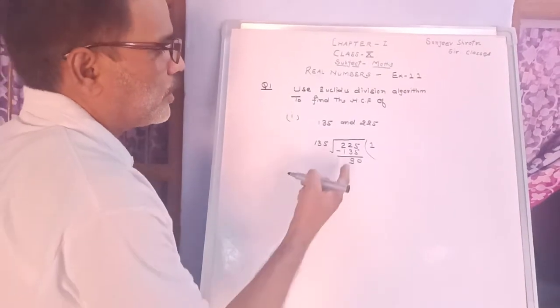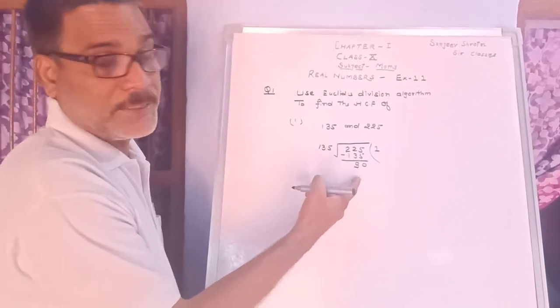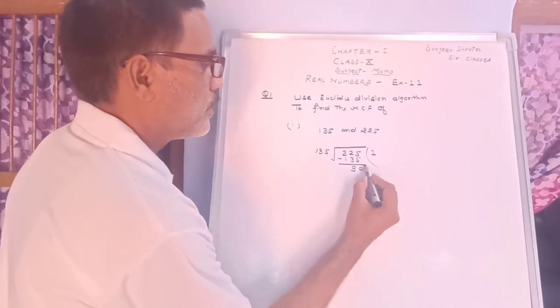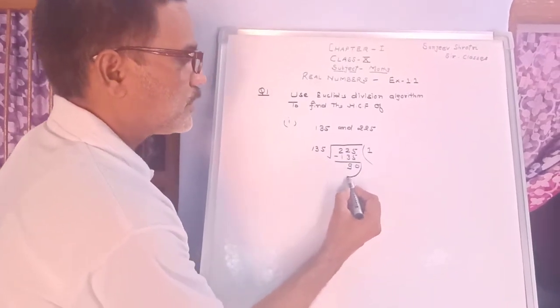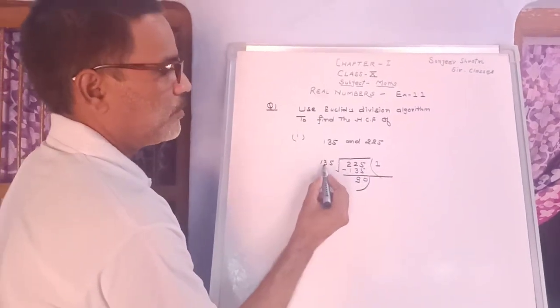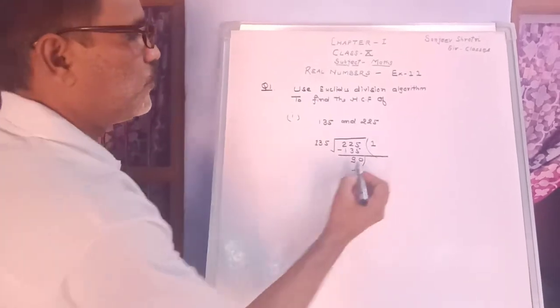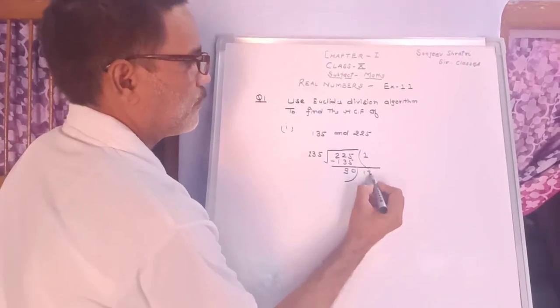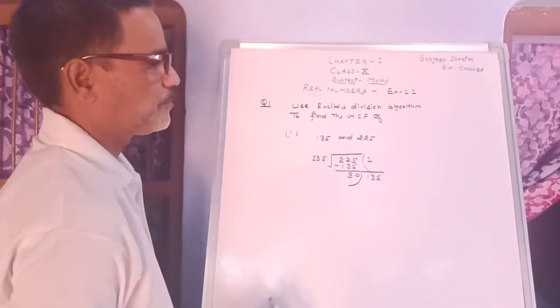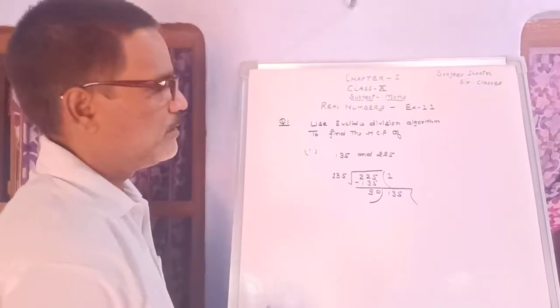Now 135 is much more than 90, so we put this ahead, and the previous number which is the divisor we write here, and again we divide 135 by 90.